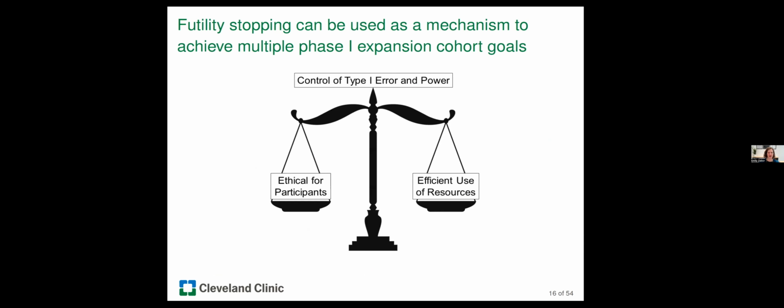So one tool that I am going to use for this is futility stopping, which can be used to achieve multiple phase 1 expansion cohort goals by stopping the trial early for futility. It maintains ethics for participants and also can be an efficient use of resources by keeping the sample size small if a drug really isn't working. And it's still possible to control the type 1 error and power with the inclusion of futility stopping.